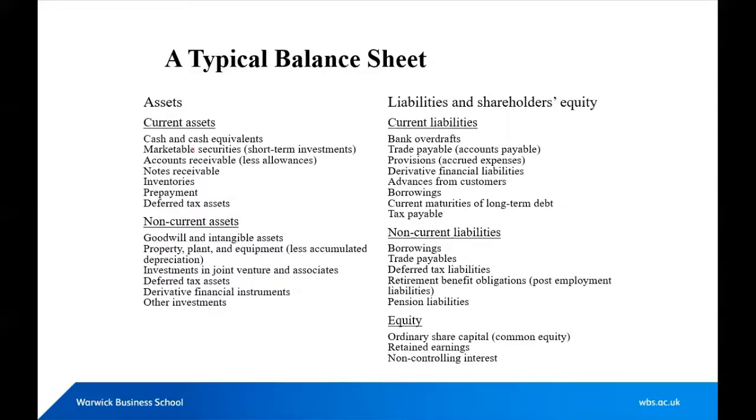Now this is a typical balance sheet. Why is it a typical balance sheet? Because it has been prepared either based on GAAP or IFRS, which shows the classification of assets into current assets and non-current assets, and again the liabilities, current liabilities, non-current liabilities, and equity.